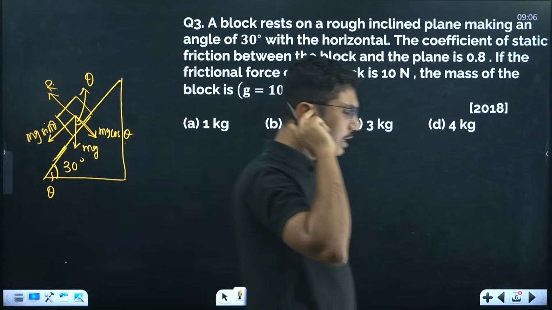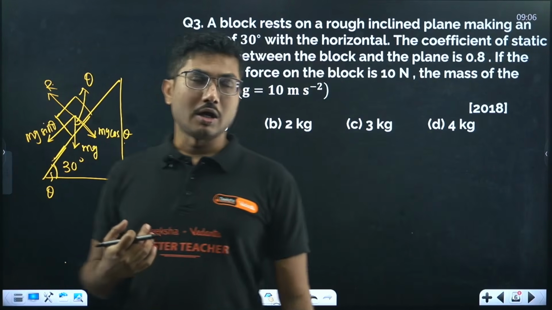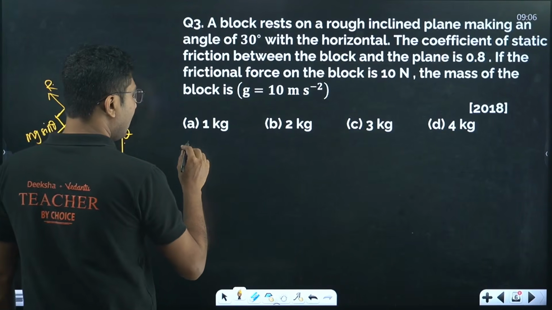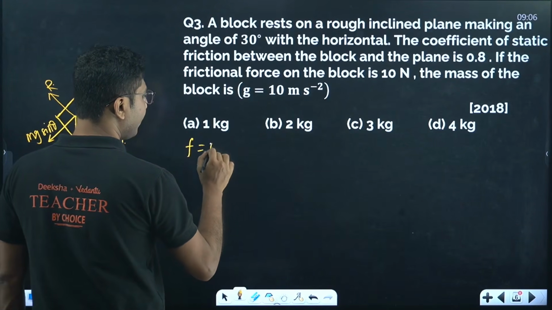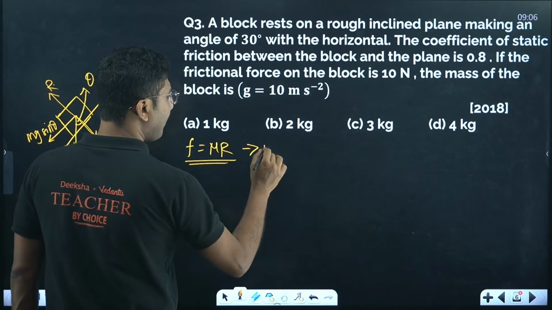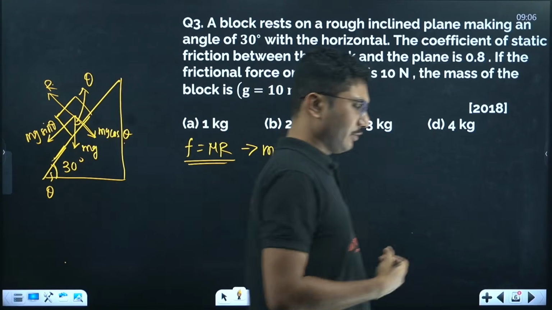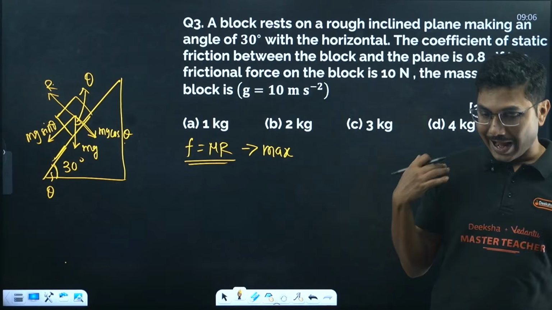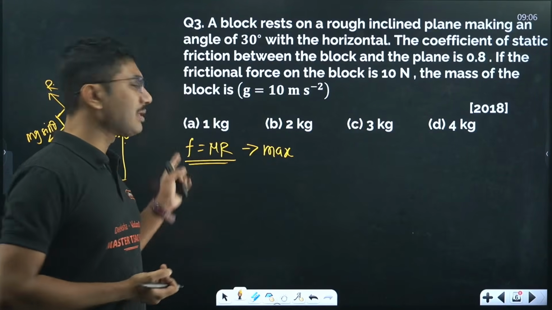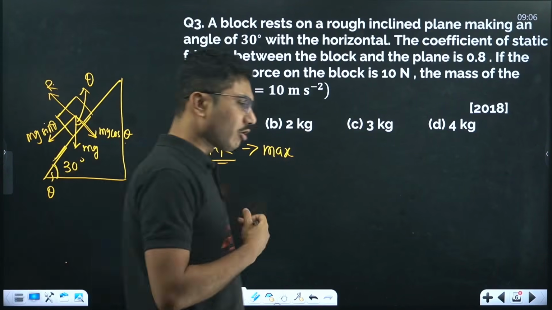Now remember that frictional force mu R, that we have written in the previous case, this is the maximum frictional force, especially for static friction. Static friction is varying, it changes with the applied force. In the maximum case this is the true formula, but otherwise this is not always attained.